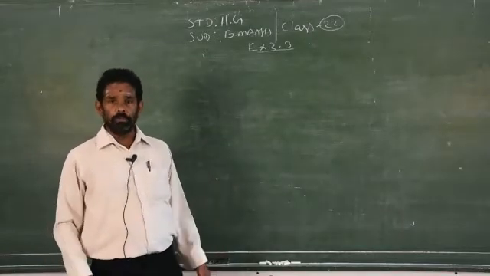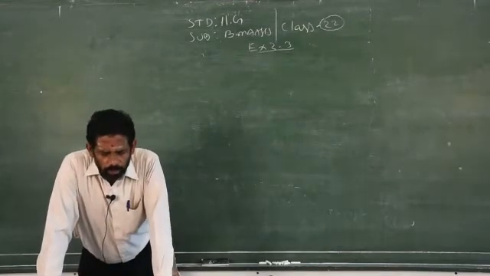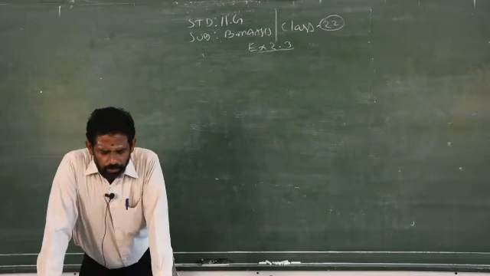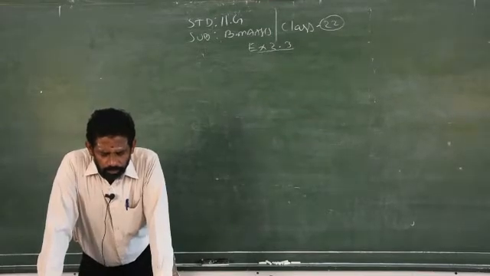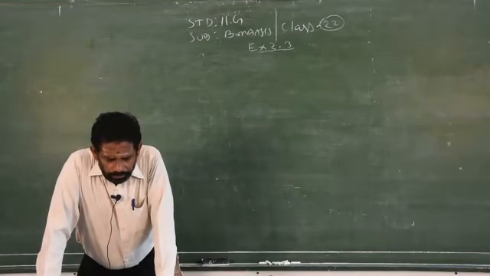Now question number 2: show that the equation 12x square minus 10xy plus 2y square plus 14x minus 5y plus 2 represents a pair of straight lines.